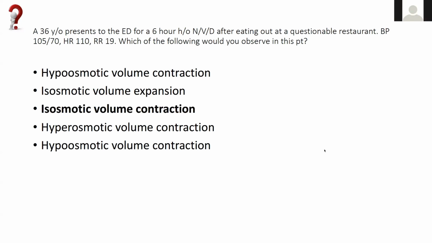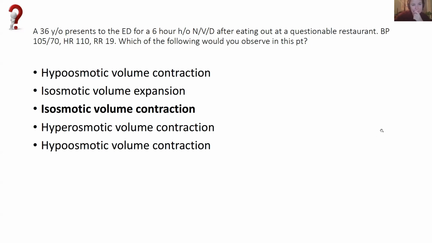It's not the right answer, so yeah, it's C, isoosmotic volume contraction. And you know it's isoosmotic because when you're vomiting and you have diarrhea, you're losing everything that goes with it. You're not just losing water and you're not just losing solutes, you're losing both water and solutes. So you're not taking one thing out of the equation. It's isoosmotic volume contraction because you're losing volume there.